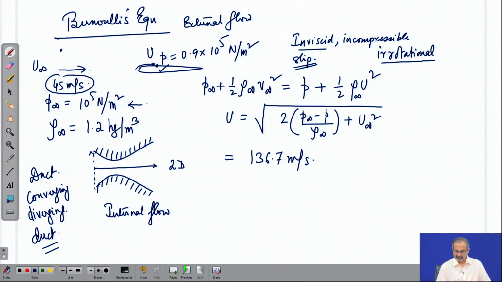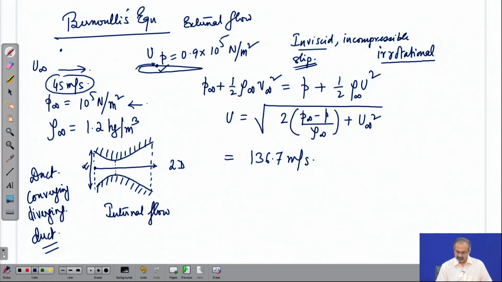It is this height into unit depth, that will be the cross section. Naturally, if you go to another section, there the height would be different, and when you multiply it with unit depth, the cross sectional area also reduces. Again it increases, and that becomes much larger than this cross section. So, that way point to point the cross sectional area changes.